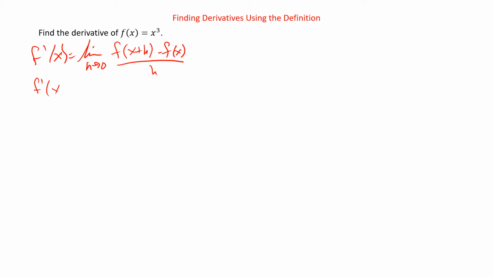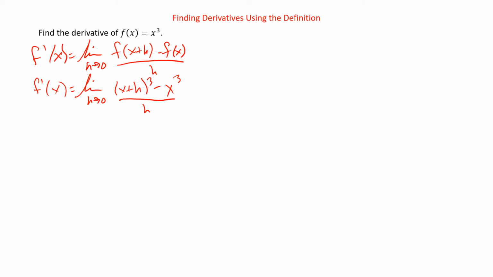F prime of x equals the limit as h goes to 0. F of x plus h is going to be x plus h cubed. X plus h cubed minus f of x is x cubed over h. So if we just plug in 0, we're going to get x cubed minus x cubed over 0. It's 0 over 0. That doesn't do us any good.